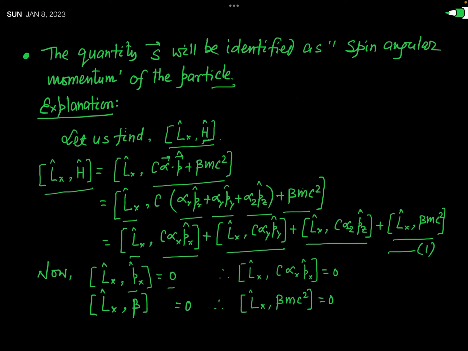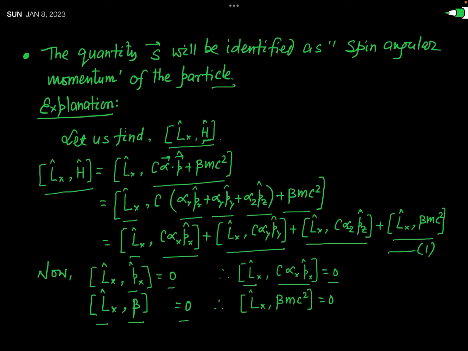As the commutator of Lx hat and Px hat is 0, you can easily say that the commutator of Lx hat and c alpha x Px hat will also be equal to 0.